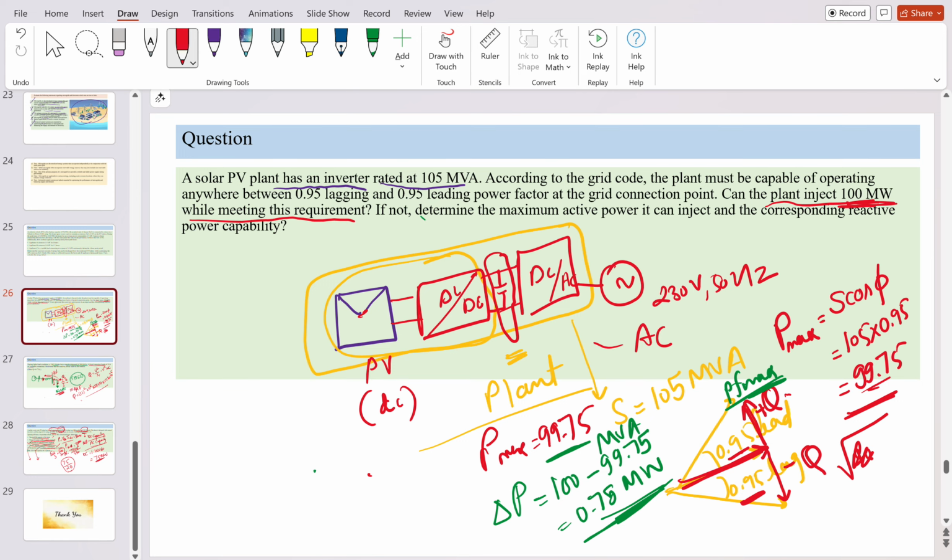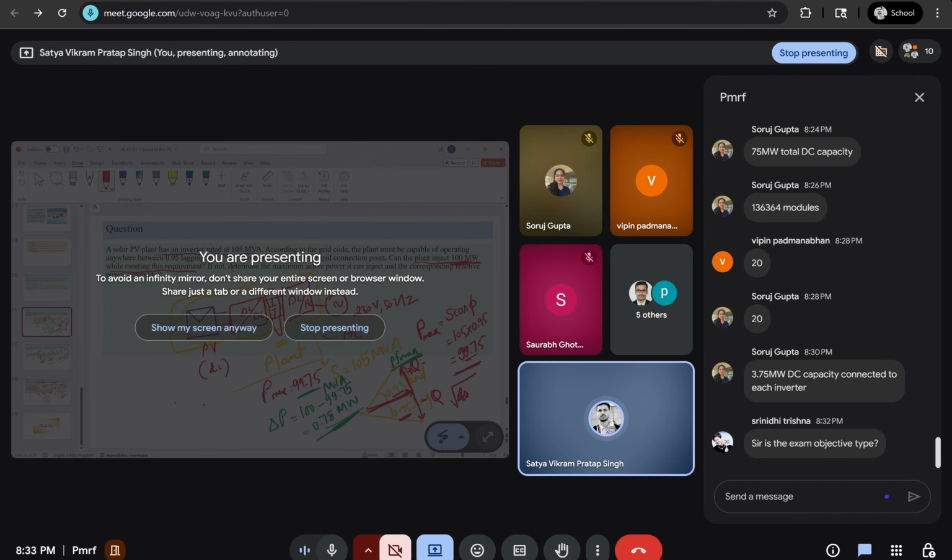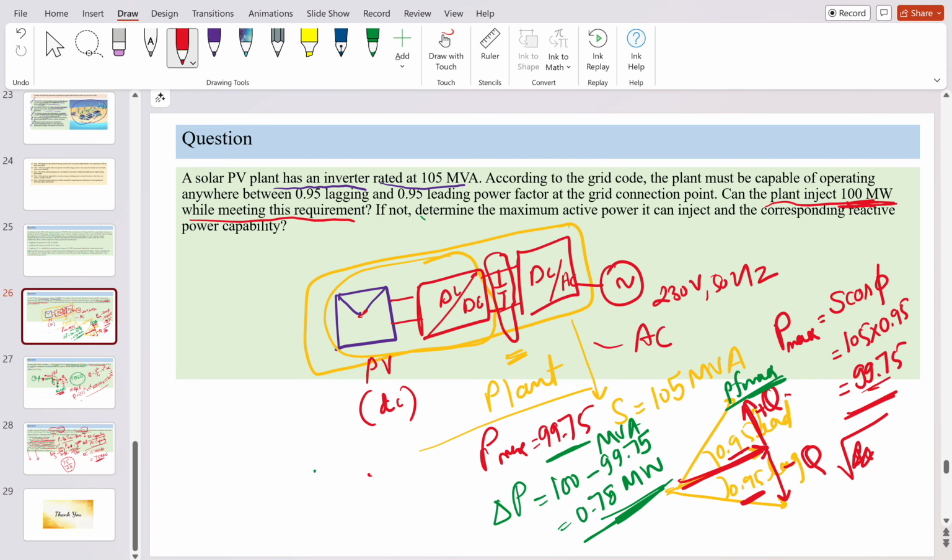The paper, from what I have heard from previous students, is mostly objective type, because it's very difficult to check subjective answers. So expect only the objective part, and there can be some numerical values like 100 or something, digit type.